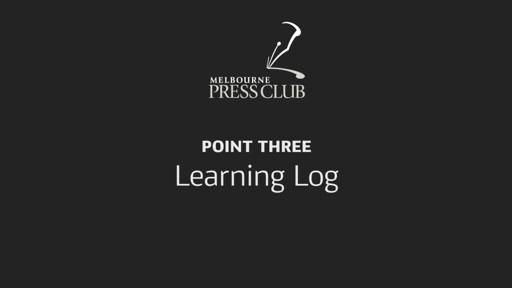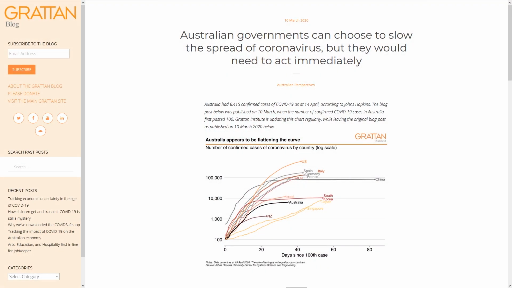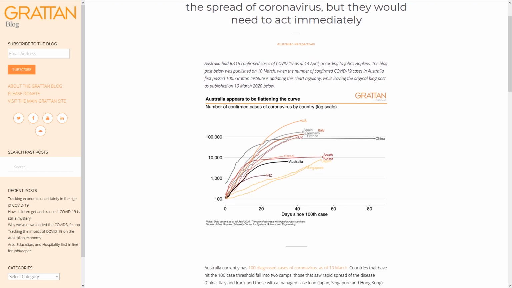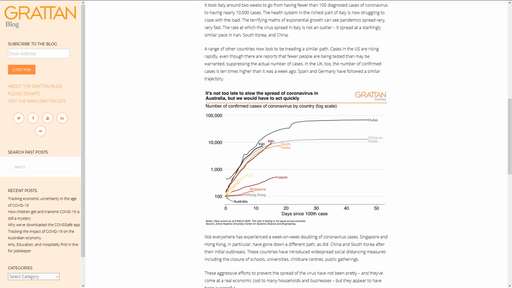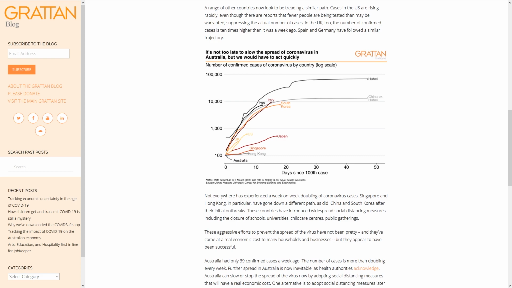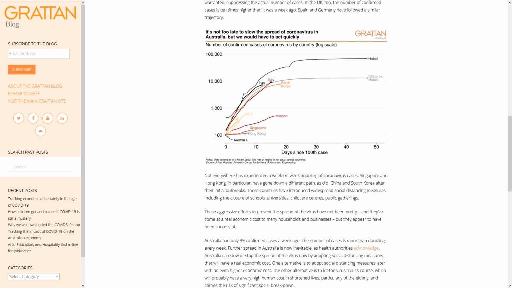Probably one of the most recognisable charts that's been shared quite widely is the log chart that compares countries' incidence of coronavirus over time. I think this was a graph that was originated by the Grattan Institute, and I think it was picked up independently and used by the Financial Times.